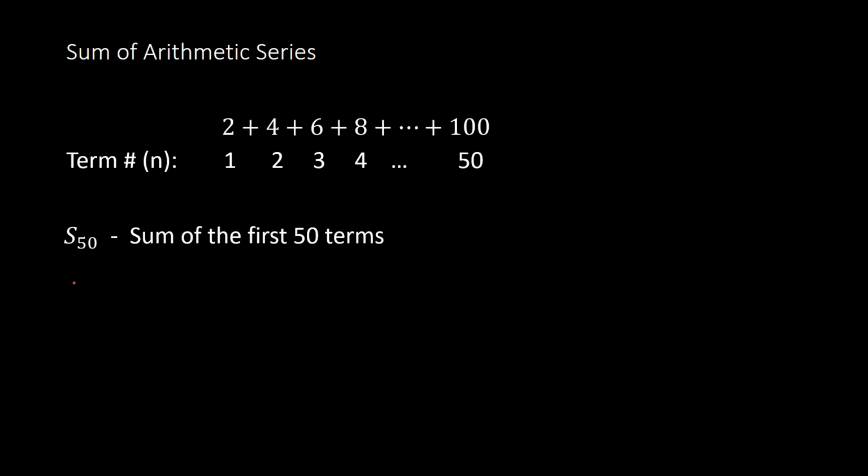If you had, say, S and then a 2 underneath, this would equal the sum of the first 2 terms. So 2 plus 4, which would be 6. S with a 3 underneath would be adding the first 3 terms, so 2 plus 4 plus 6, which would give you 12. So S50 would be the sum of the first 50 terms.